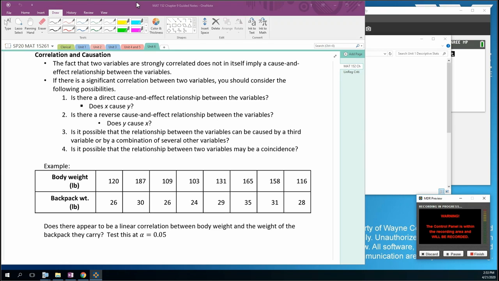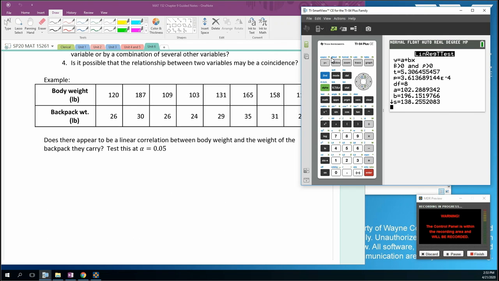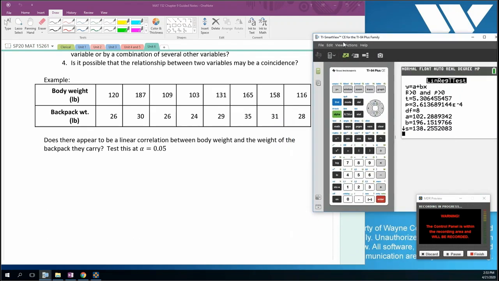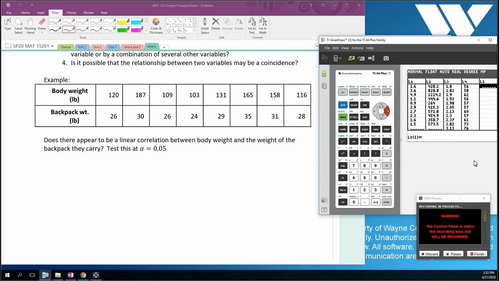Well, here's some data, body weight and backpack weight. I'm going to enter these into L5 and L6. So the body weight: 120, 187, 109, 103, 131, 165, 158, 116.